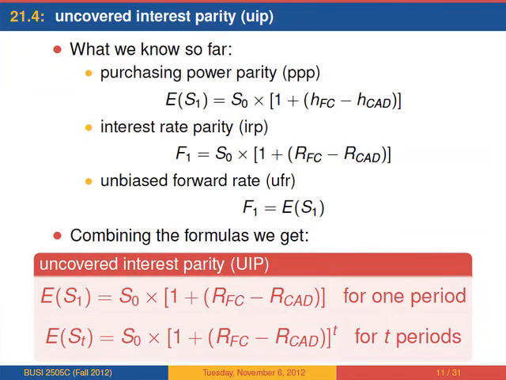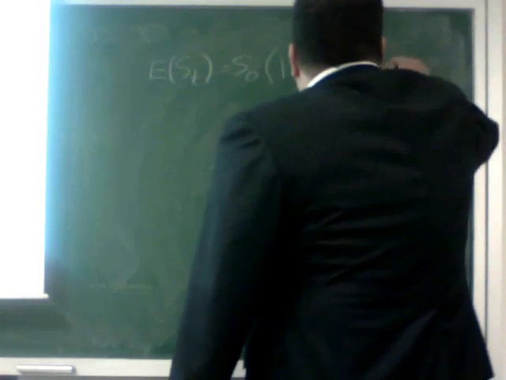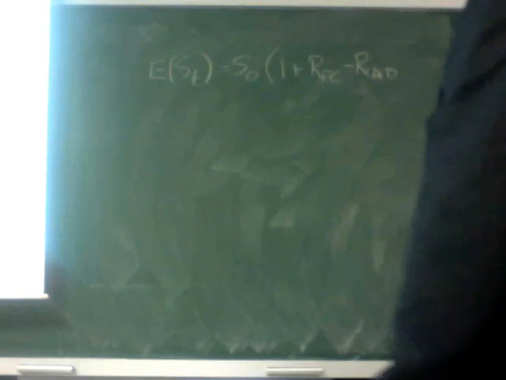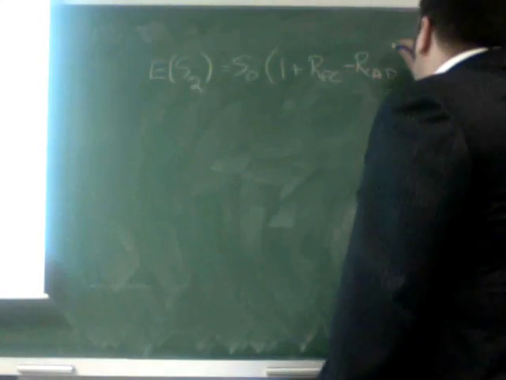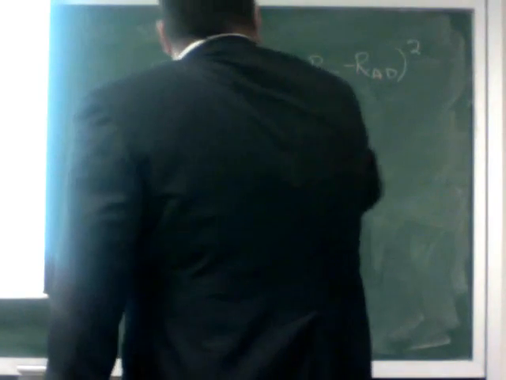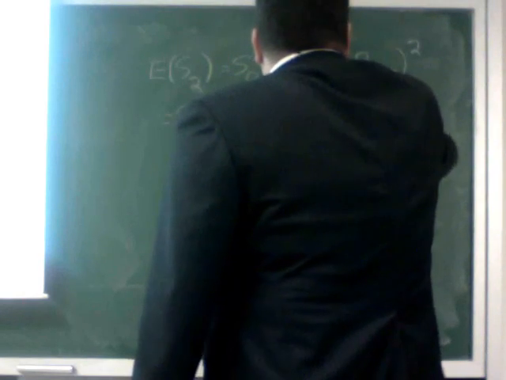useful with that kind of question. If you look at that equation, E(ST) is S0 times 1 plus the rate in the foreign currency minus the rate in the Canadian currency. Say if I was looking at E(S2), then that's really, I'm just going to call this a big square.